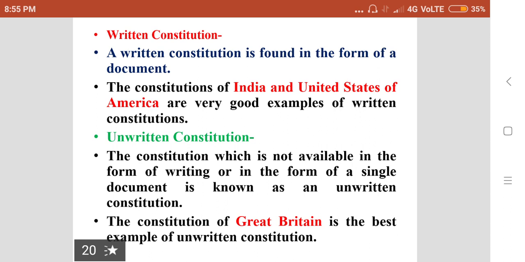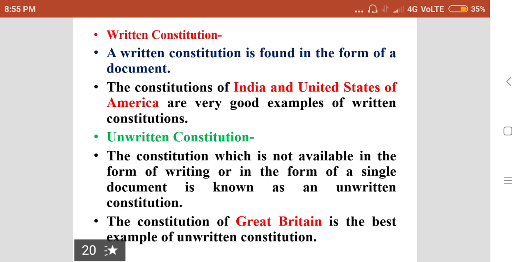As the name itself suggests, the constitution which is available in the form of a document, in black and white, in a printed form or in the form of a book, can be called a written constitution. The constitutions of India and United States of America are very good examples of written constitutions.